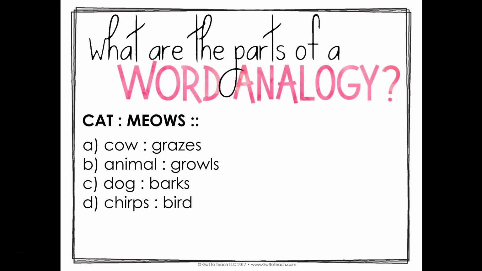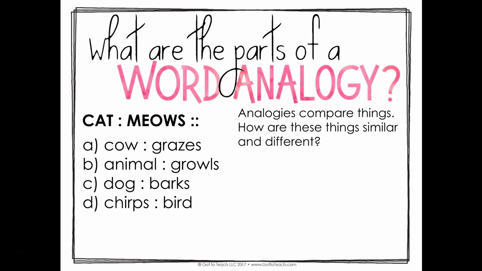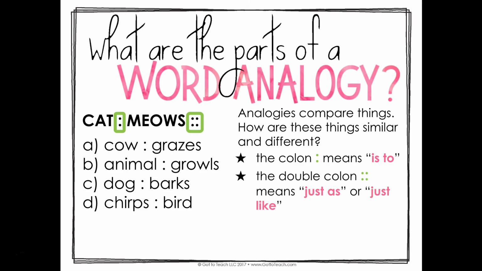So first we have to figure out what the parts of a word analogy are. Analogies compare things, so we want to know, how are these things similar and different? The colon over there, those 2 dots stacked on each other, that's called a colon, and that means is to. Cat is to meows. The double colon means just as or just like.